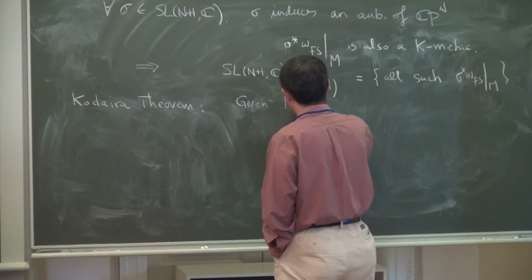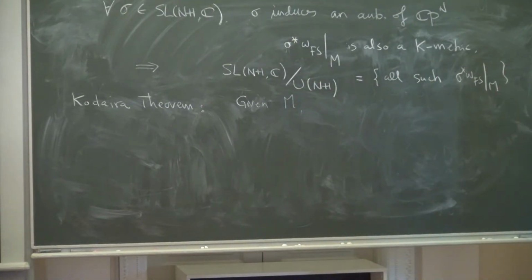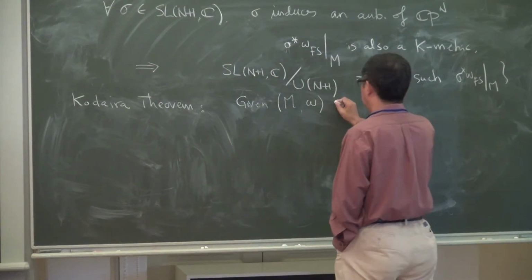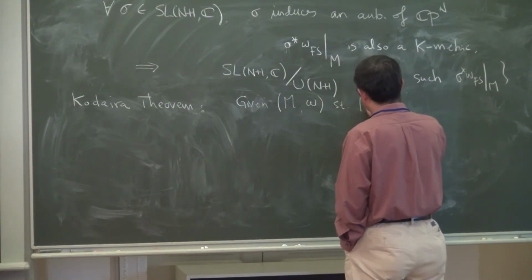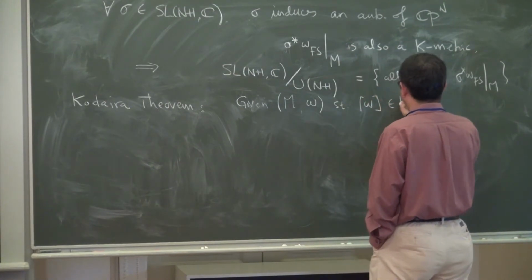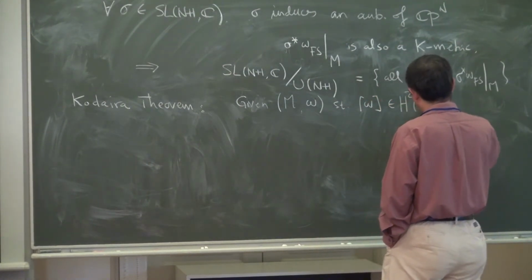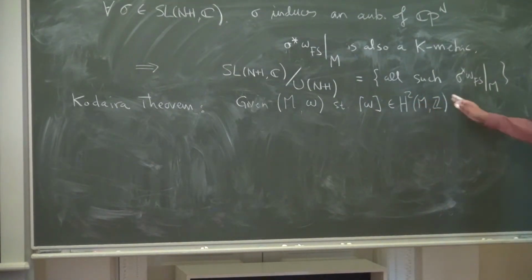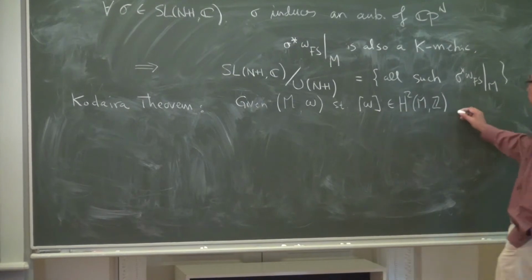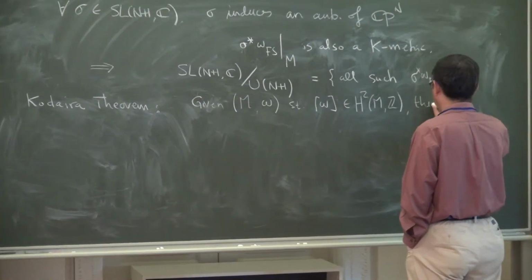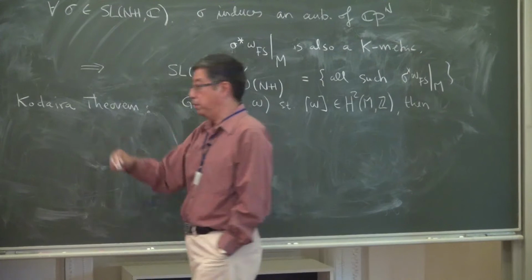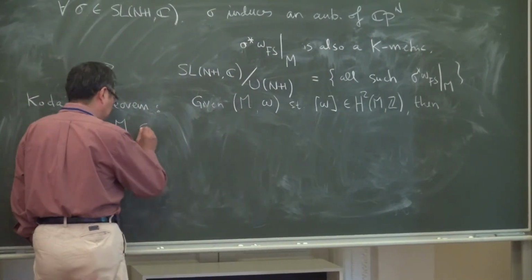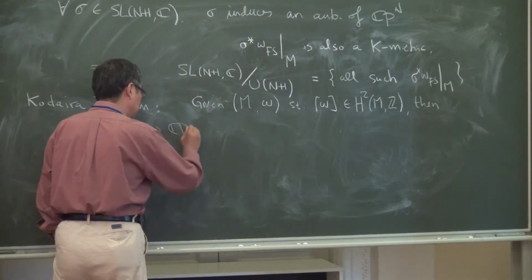So M is a manifold, and given a Kahler form omega such that omega is in the integer class. Okay, so it could be in the rational class, doesn't matter. Then M, such a manifold, can be embedded into some projective space.